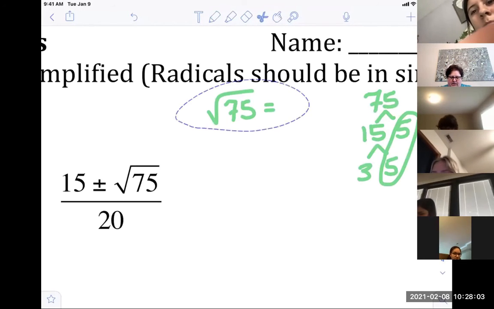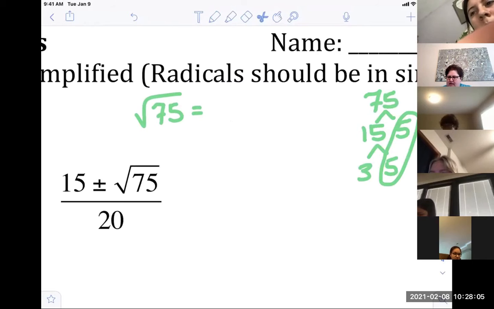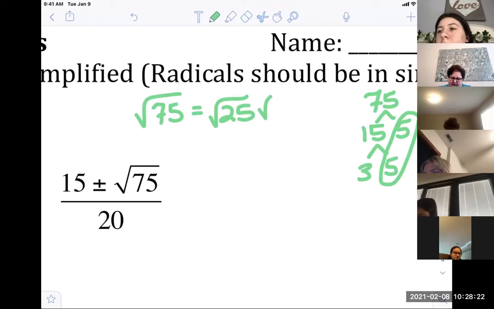You can also do the kind of perfect square method. Can somebody tell me another way to break that down without doing a factor tree? 25 times 3, and then you have the 5 because it's the square of 25. So it'd be 5 root 3. Yes, right, 25 is a perfect square that goes into 75. So if we make it square root of 25 times square root of 3, that's 5 root 3.